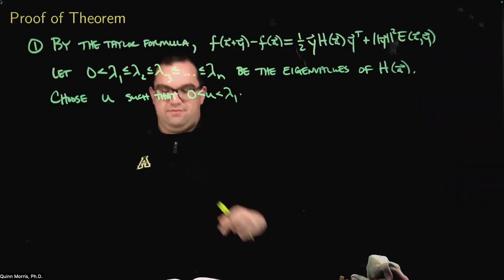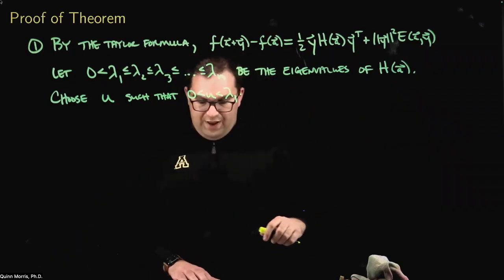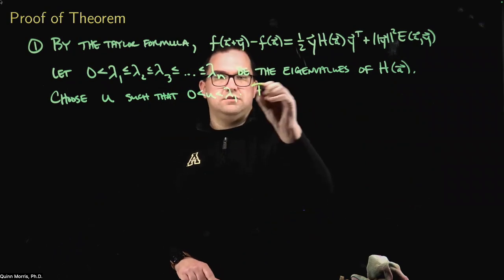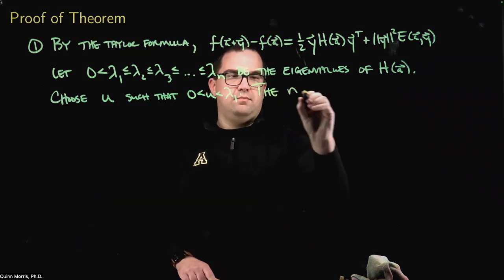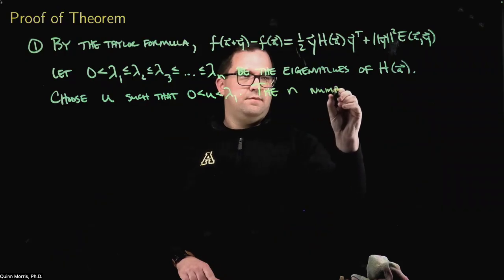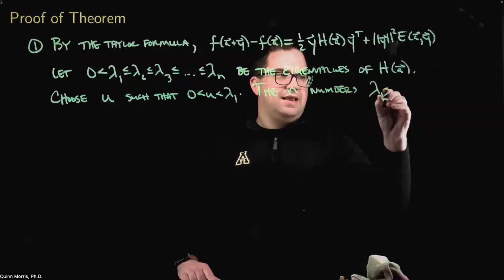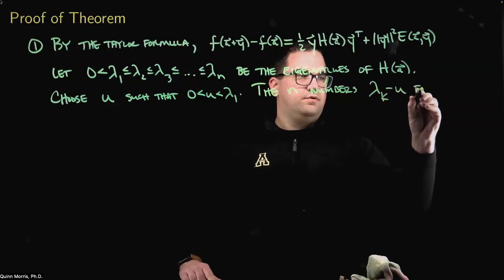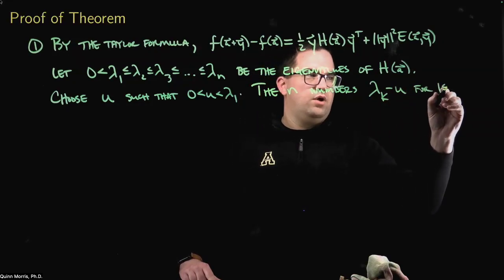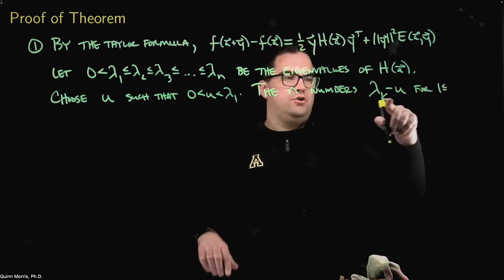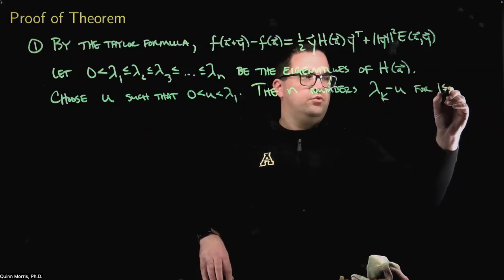Now, I'm going to take each of these eigenvalues, and I'm going to subtract u. Okay. So then the n numbers, lambda k minus u, for k going from 1 to n. So I'm just taking each of the eigenvalues, and I'm subtracting off u.